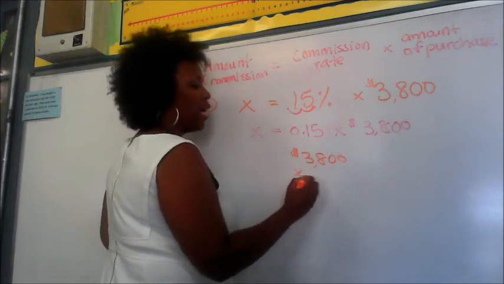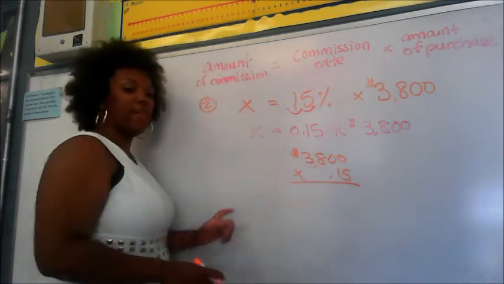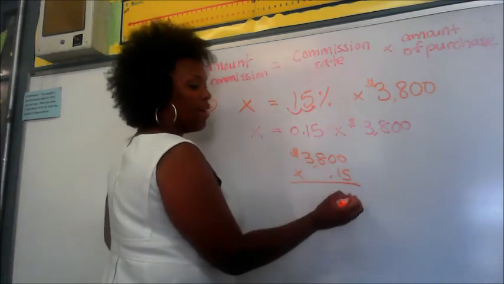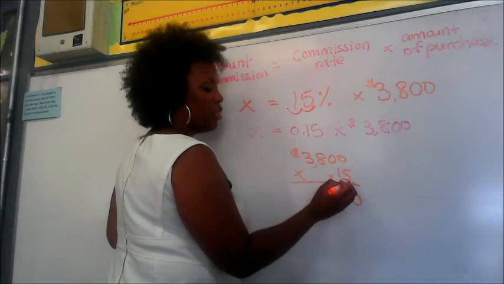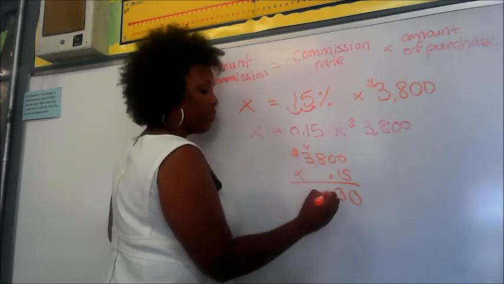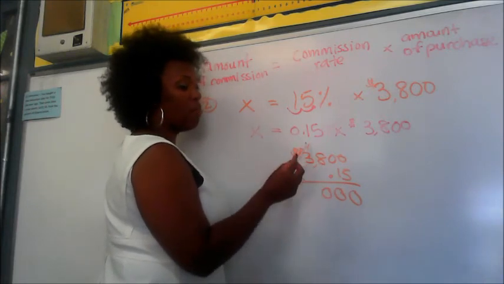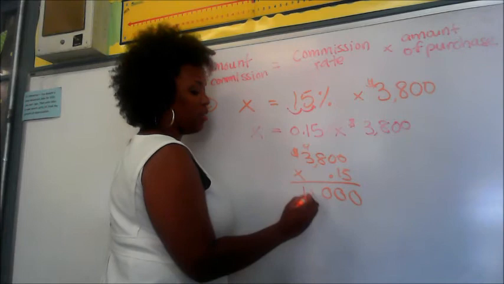So you're going to do $3,800 times 0.15. 0 times 5 is 0. 0 times 5 is 0 again. 8 times 5 is 40. 3 times 5 is 15, plus this 4 is 19.